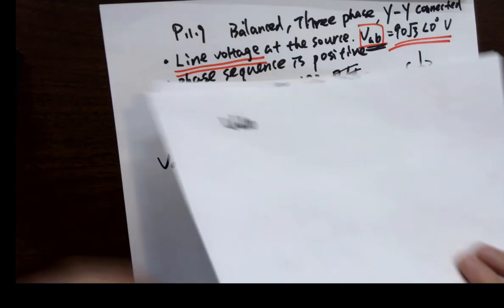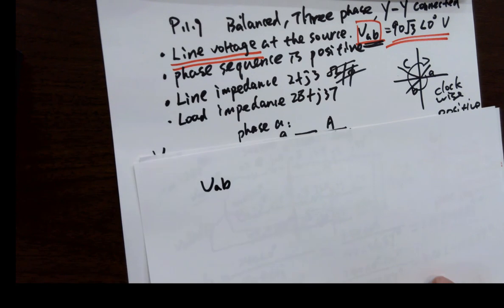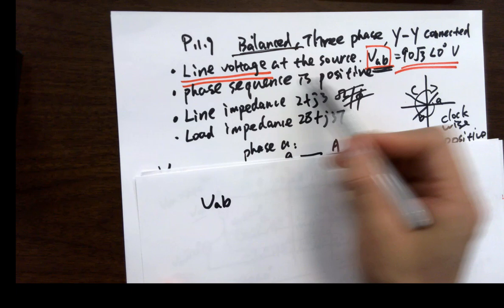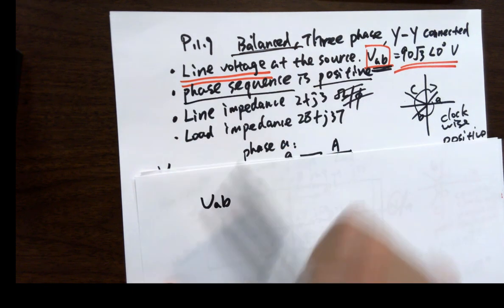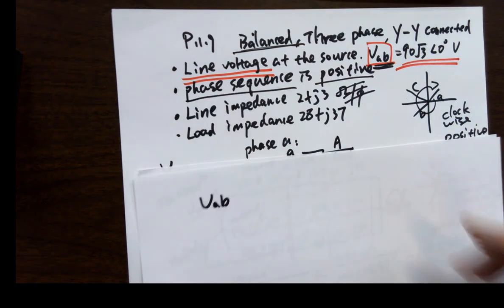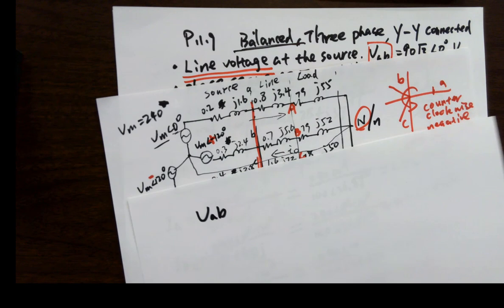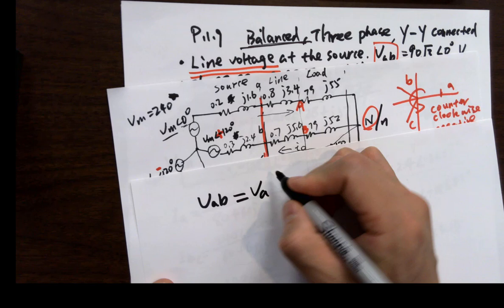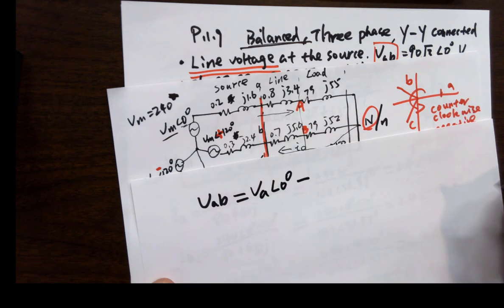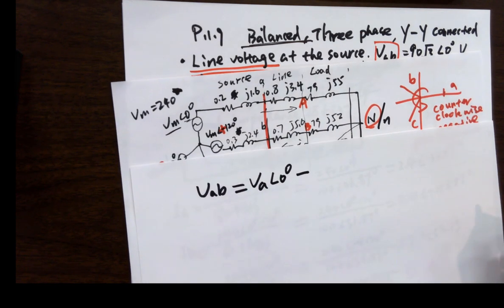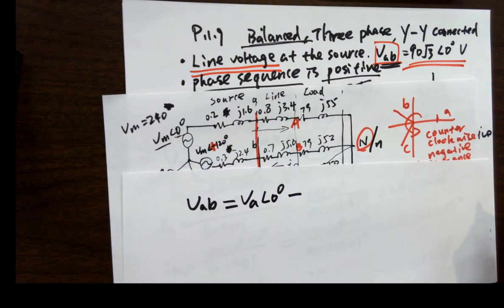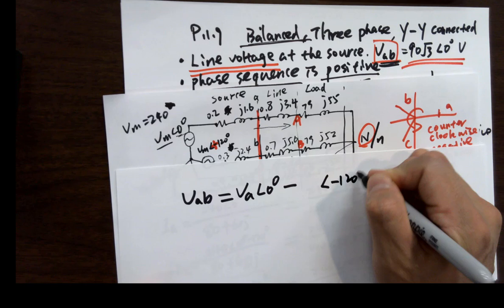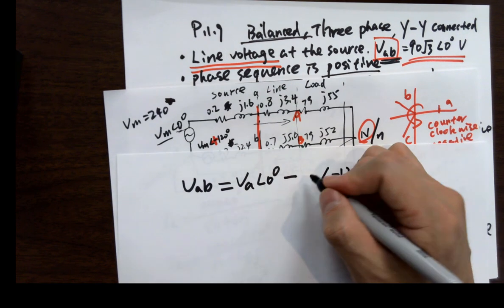If it's balanced, and it's a positive phase sequence, which means A and B, if we assume that VA is 0 degrees, VB is what? The same as VA.